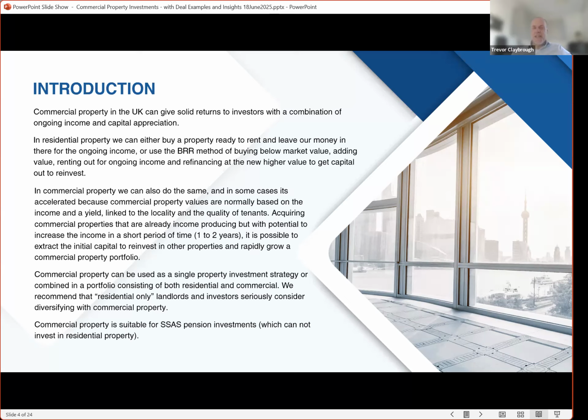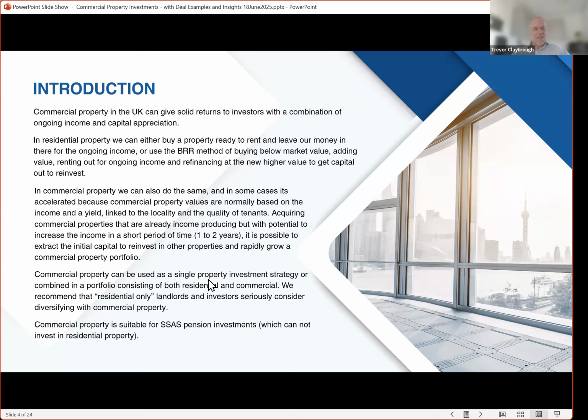We can do the same or similar things in commercial property. Generally, the time frame is a little longer and the amounts are larger. So instead of dealing with 5 buy-to-let properties in some not exactly remote area of the UK, we're dealing with maybe one single commercial property to get the same financial results.